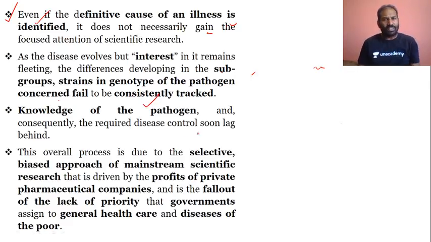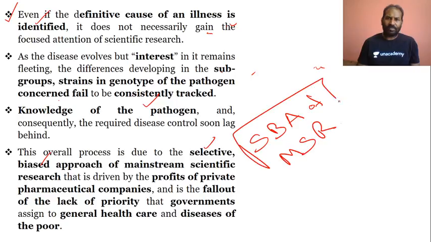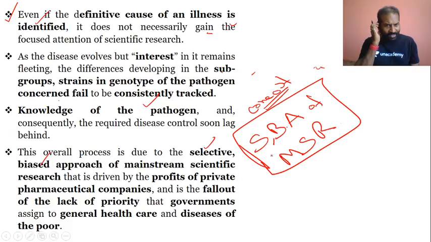And what we have is this selective, biased approach of mainstream scientific research. This we have to come out of. India itself, not Indians, India has to come out of this selective or biased approach of mainstream scientific research, which is driven by the profits of private pharmaceutical companies.